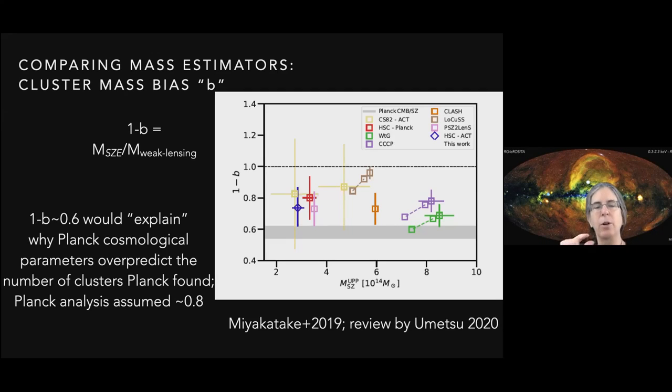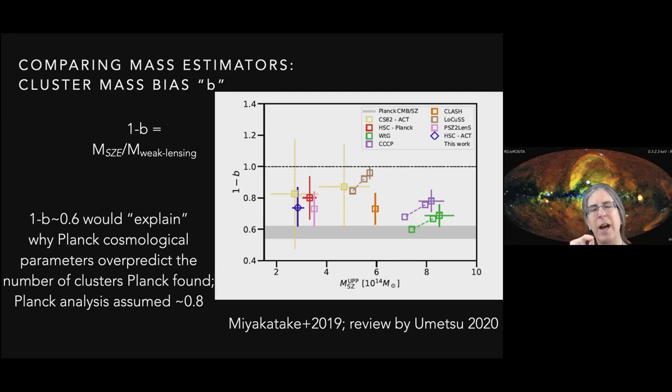And so the gray line on this plot, where 1 minus b is just the ratio of the self-similar mass divided by the weak lensing mass, the gray bar at the bottom of this plot is the bar that the measurements would have to be biased to, 60%.